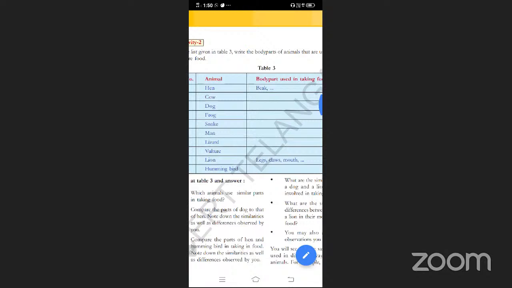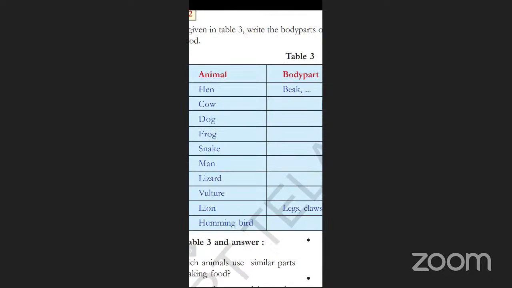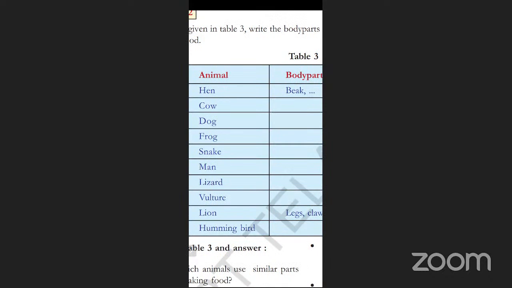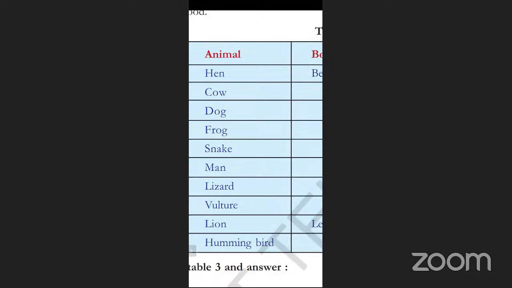Then write the names of the animals given here: hen, cow, dog, frog, snake, man, lizard, vulture, lion, hummingbird.